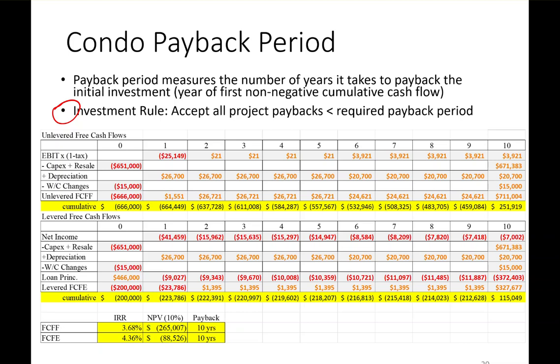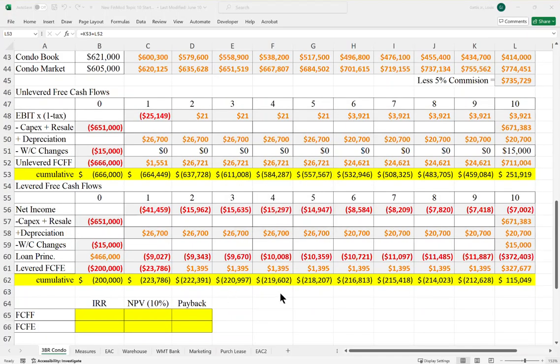So let's go ahead and look for the condo. So for the condo, I'll go to the spreadsheet. And what we see here is the cumulative. I have a calculation here for free cash flows, FCFFs, cumulative free cash flows.